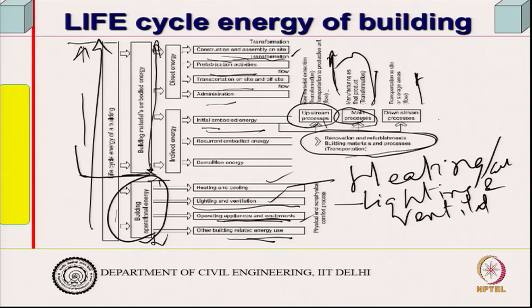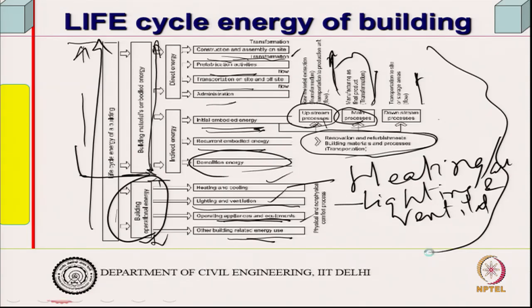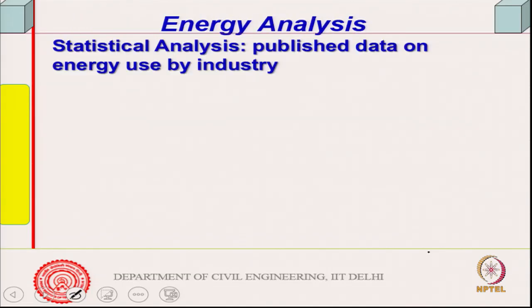So, then initial embodied energy is this, recurrent embodied energy from the renovation and refurbishment and things like that, and demolition, if there is some energy spent on demolition, that is what it is. So, this shows the total life cycle energy in building, and one has to address this.